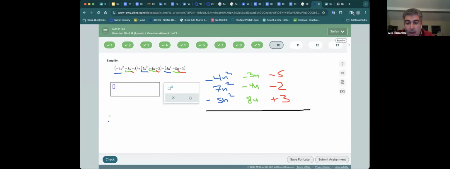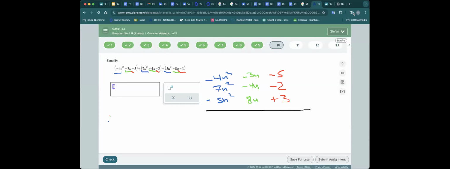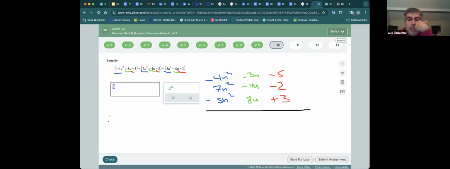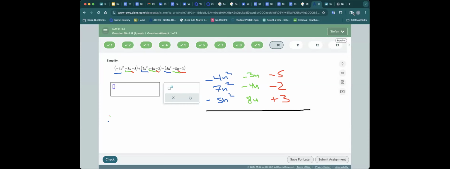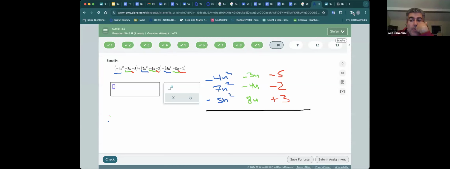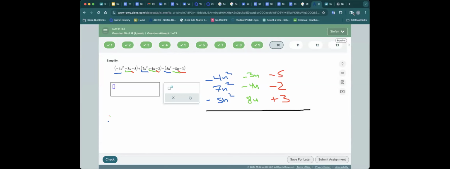Okay, now because they're stacked, it makes it easier to combine. So this would be negative 4, 7. So what do you think about the blues? Feel free to use a calculator if you need to, it's totally fine. 7.